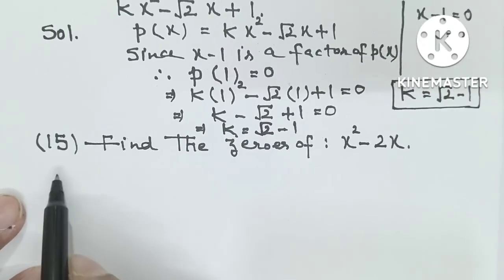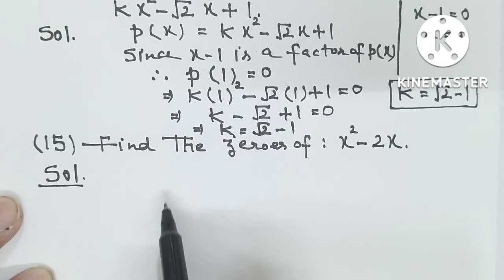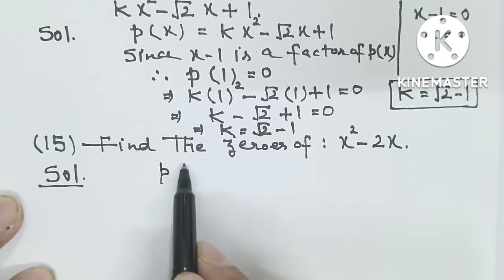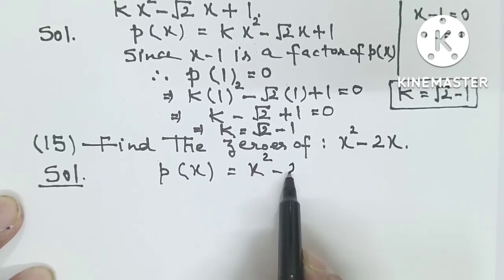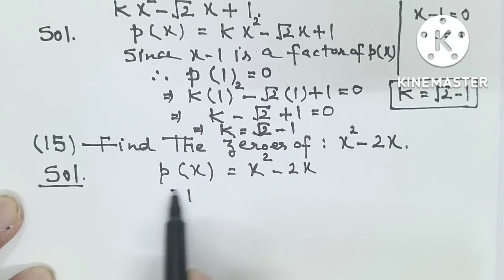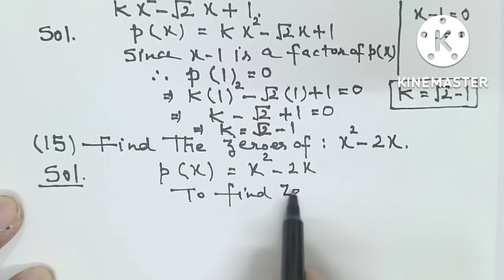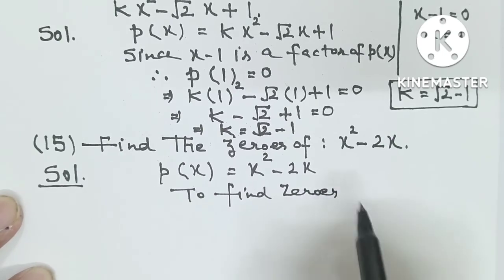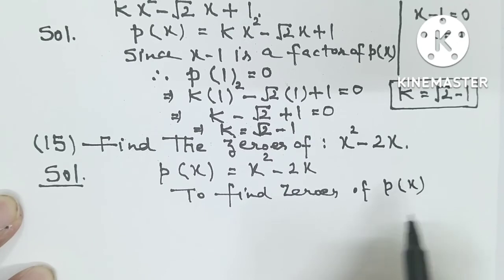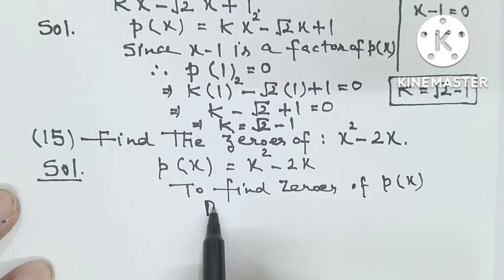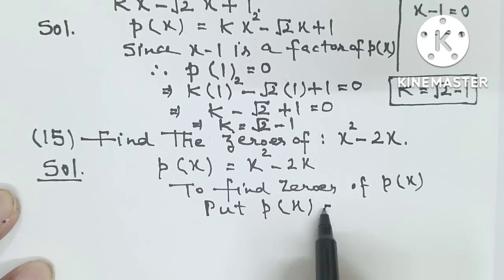Now is the last question. Find the zeros of this polynomial. So p of x we can write equal to x square minus 2x. To find zeros of p of x, put p of x equal to 0.